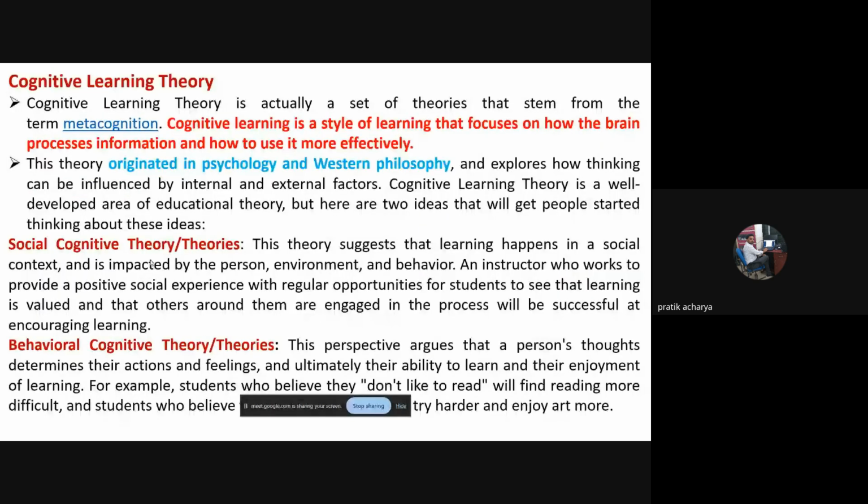So cognitive learning theory is another important part of this animal behavior. So what is that cognitive learning theory? It is metacognition. Metacognition defines a style of learning that focuses on how the brain processes information and how it uses it more effectively. That means a particular type of interpretation by our brain.